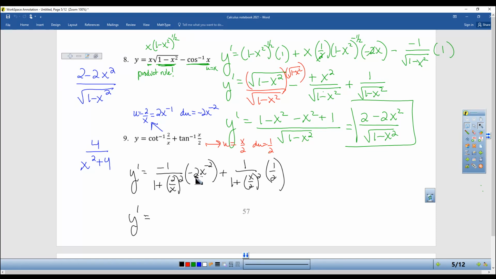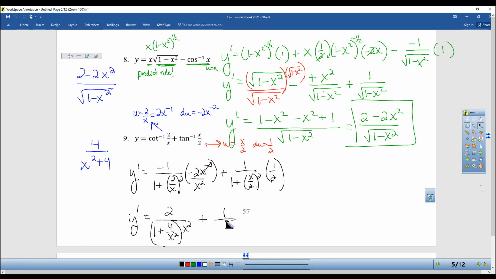This negative 2 is technically on top, so I'm going to put it with the negative 1. This x squared can be moved to the bottom. So this bottom is 1 plus 4 over x squared, and now I'm bringing in the other x squared. We'll simplify it more in a minute.